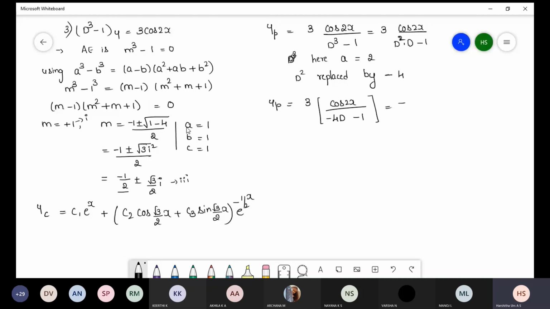In the denominator we can take minus as a common term. So minus 3 into cos 2x divided by 4d plus 1. Again rationalization. What will be our rationalization here?